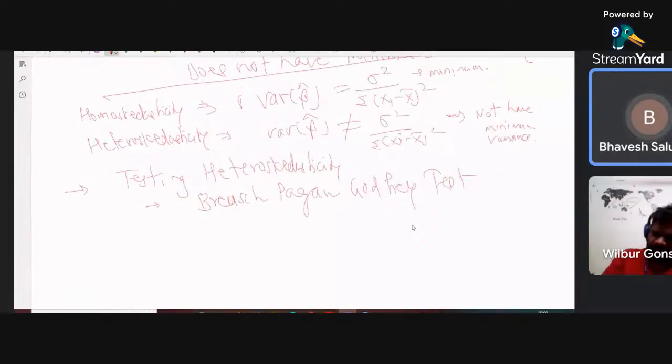This test we apply to test for the presence of heteroscedasticity in the regression model.